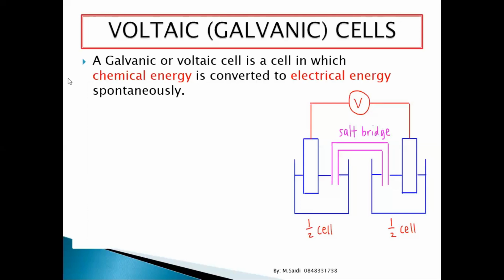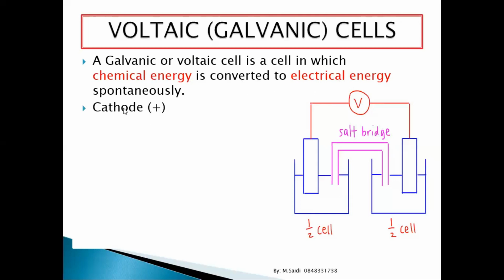So we are saying that a galvanic cell or a voltaic cell is a cell in which chemical energy is converted into electrical energy. It means that it uses chemicals to produce electricity spontaneously, without any external source. These chemicals are converted into electricity.